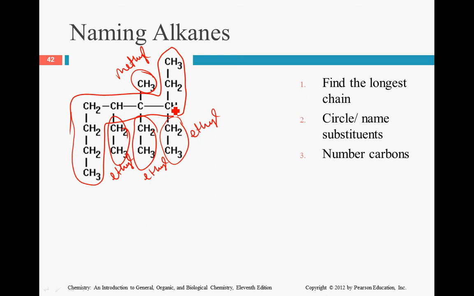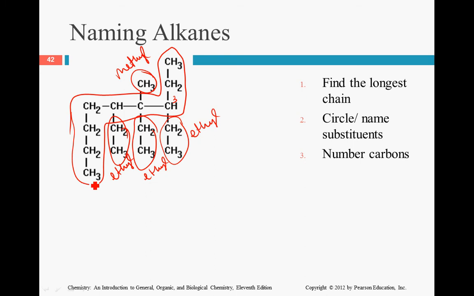Number the carbons. You have to decide going from the bottom or coming from the top what will give you the lowest number for those substituents. I'll give you a minute to figure that out. If we start from the top, the first substituent is on a 3.